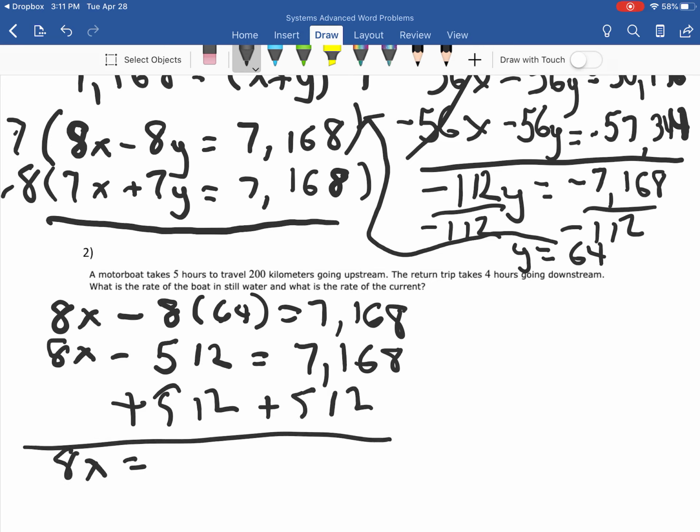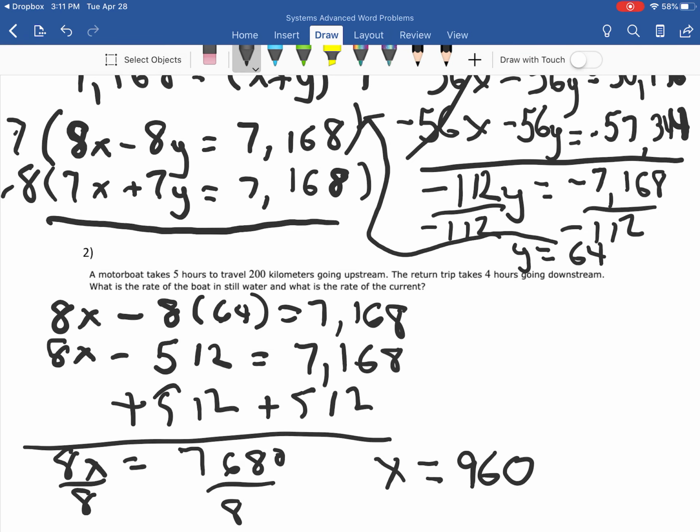Okay, we get 8x equals 7,168 plus 512, which is 7,680. So that means x is 960.